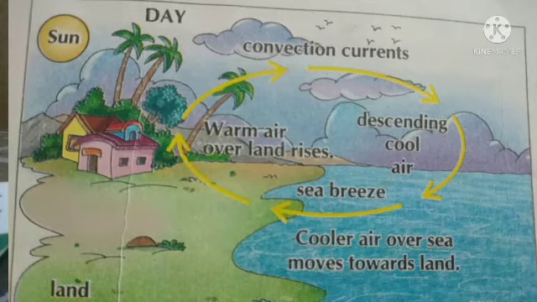So there is a movement of air from sea to land, and this cool air blowing from the sea towards the land is considered a sea breeze, and it mostly occurs in the daytime.